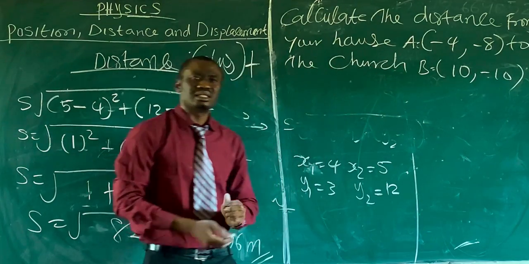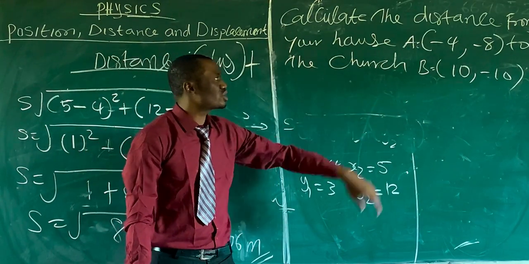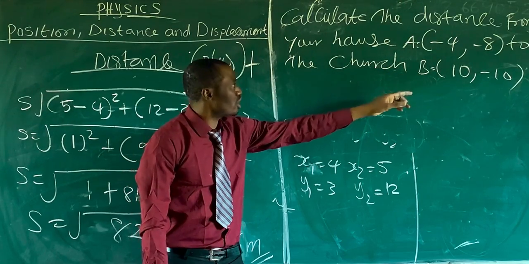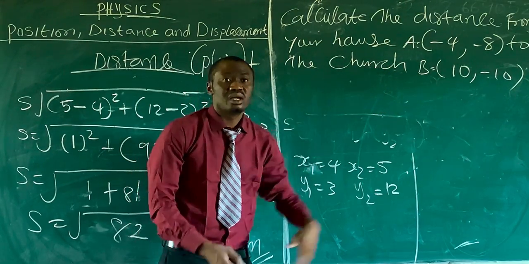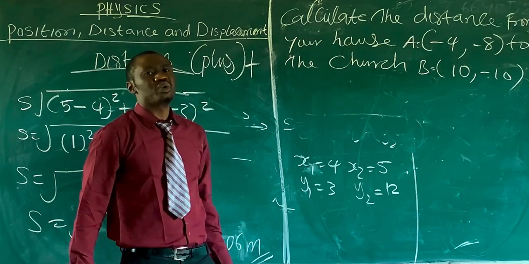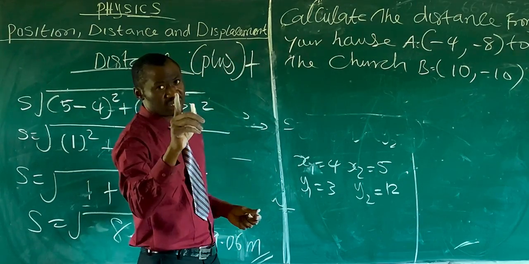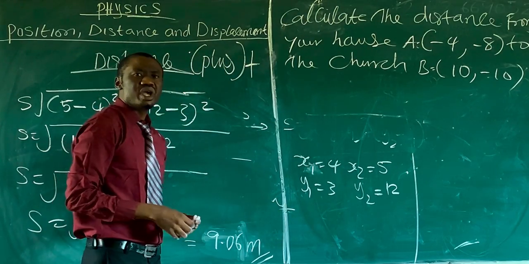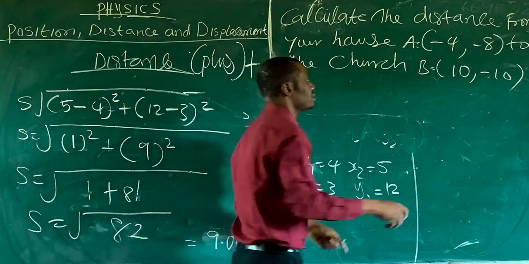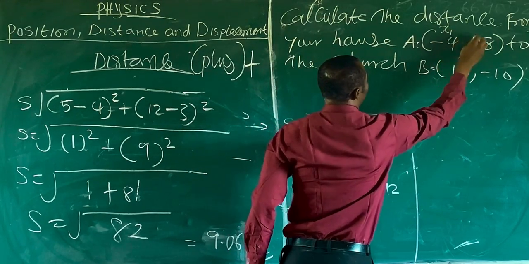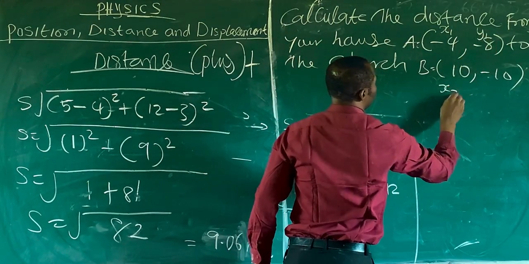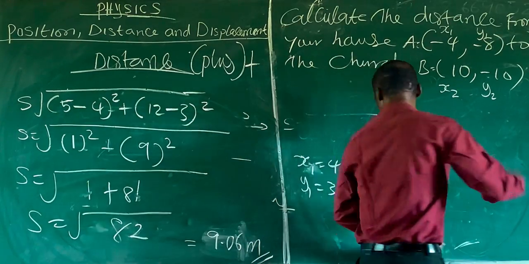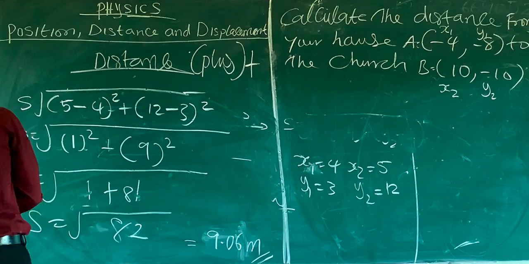So find the distance from your house, which is (minus 4, minus 8), and the church, which is (10, minus 10). I will help you. Use the same method we used, but let me give you an insight. This is x1, y1, x2, y2, all the time. So solve that problem, drop it in the comment section, and I will get back to you.